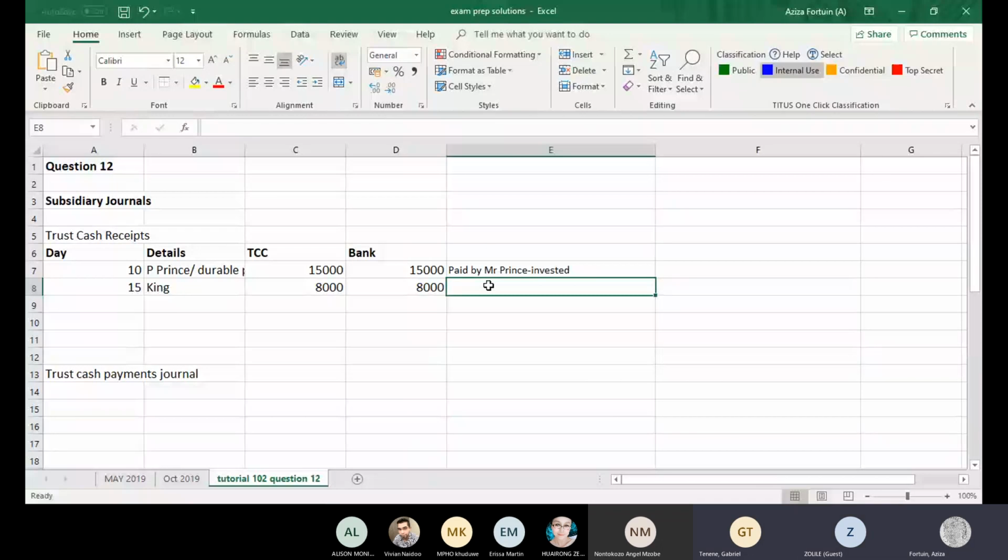The 400 rand. Okay, trust cash payments journal.